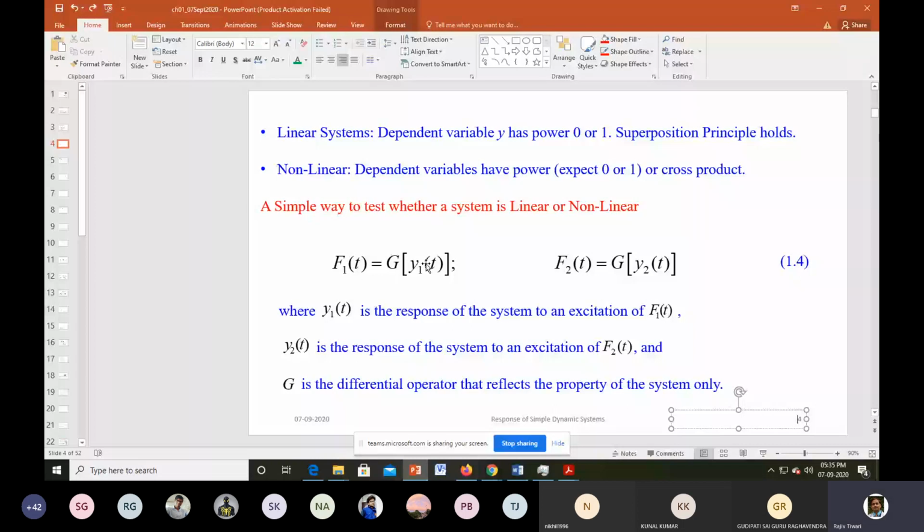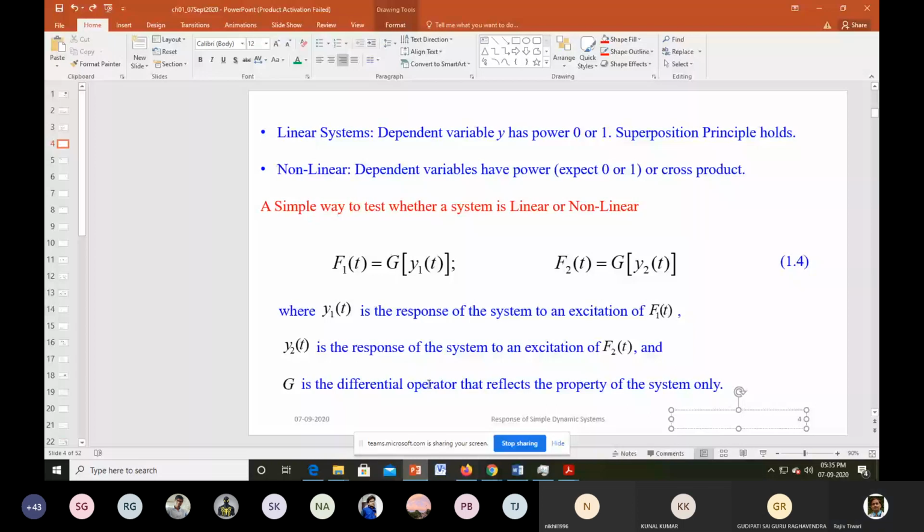If you change the force, the response will change. Here you can see when we change the force, the response y2 changes. So y1 is the response due to the excitation f1, y2 is the response due to excitation f2, and g is the differential operator I mentioned earlier, that is the system property.